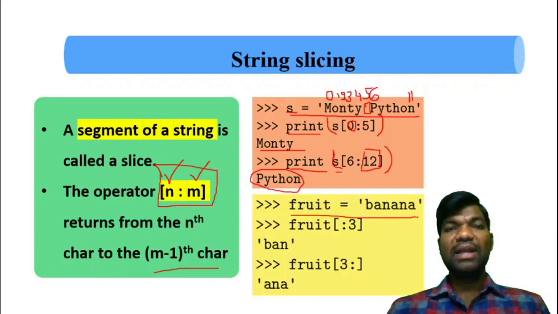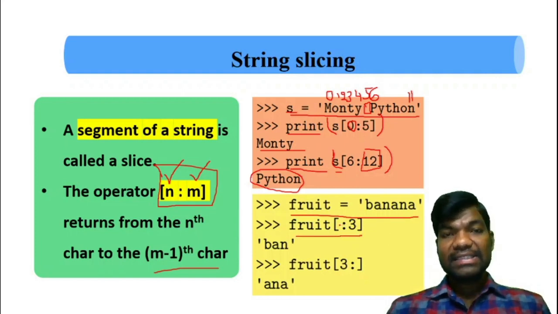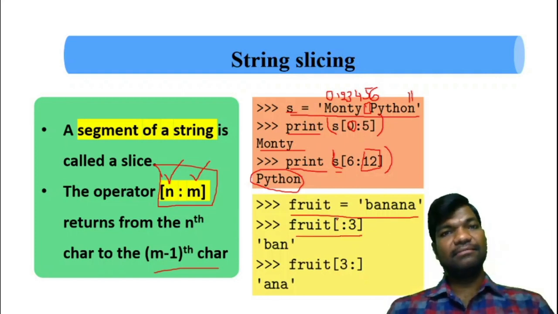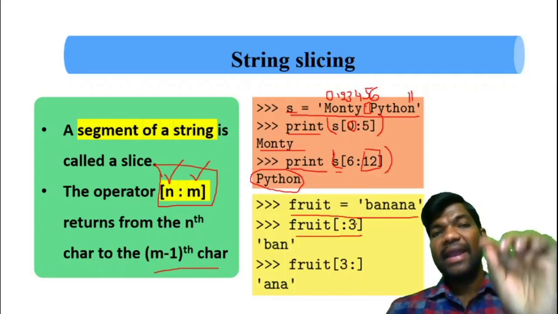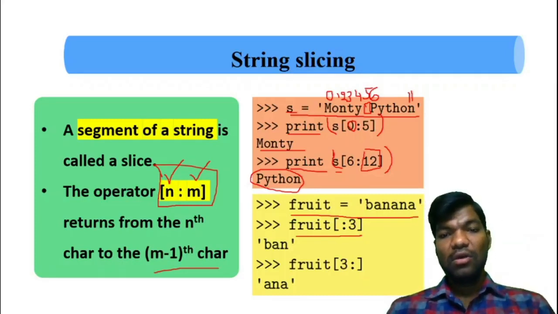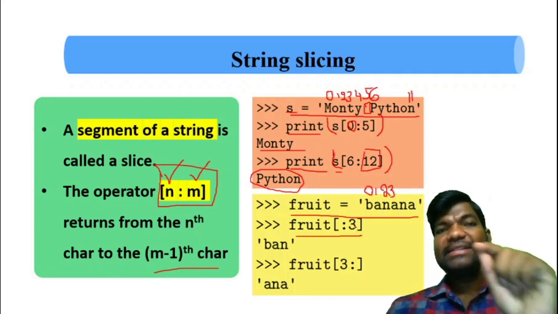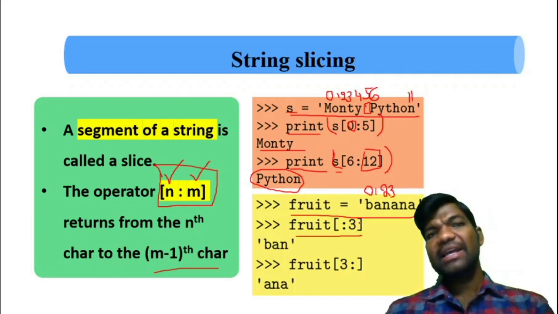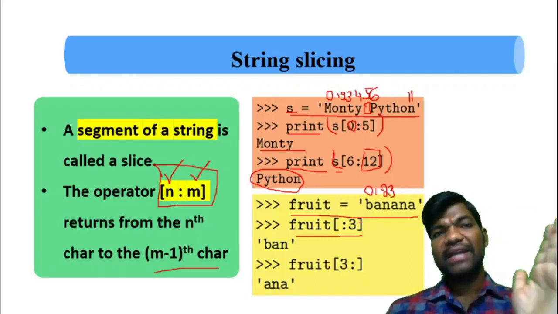Let's check another example. Fruit equal to banana. So fruit of colon 3: here the starting index is not given, only the end is given. In this, 0, 1, 2, 3. I already told you that the end index is excluded, so up to before that character is displayed.